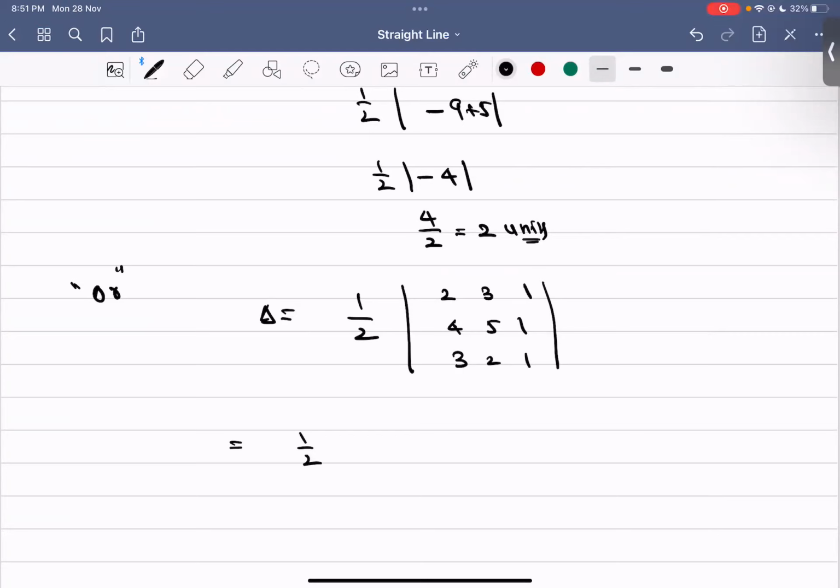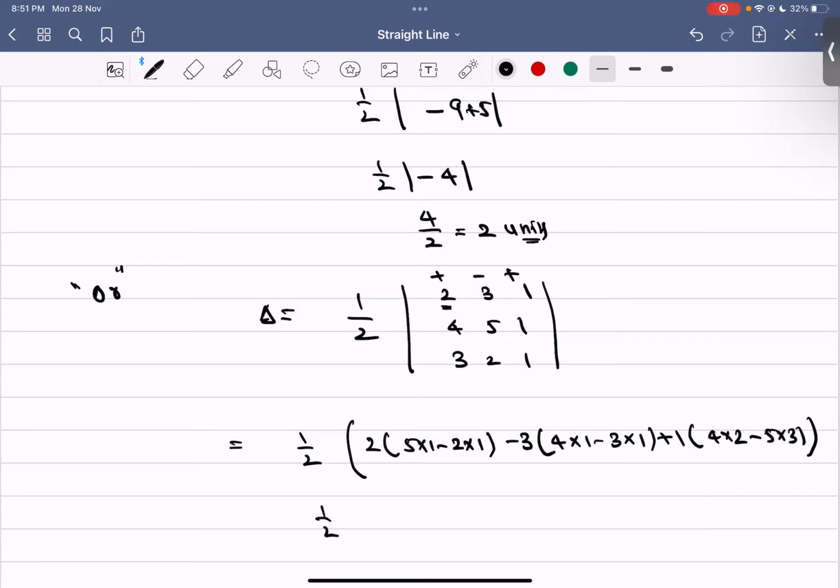Then 2 into, leaving the row and column which contain 2, that is 5 into 1 minus 2 into 1. Alternate signs, plus minus plus. Minus 3 into, leaving the row and column which contain 3, the remaining is 4 into 1 minus 3 into 1. Plus 1 into, leaving the row and column which contain 1, therefore 4 into 2 minus 5 into 3.